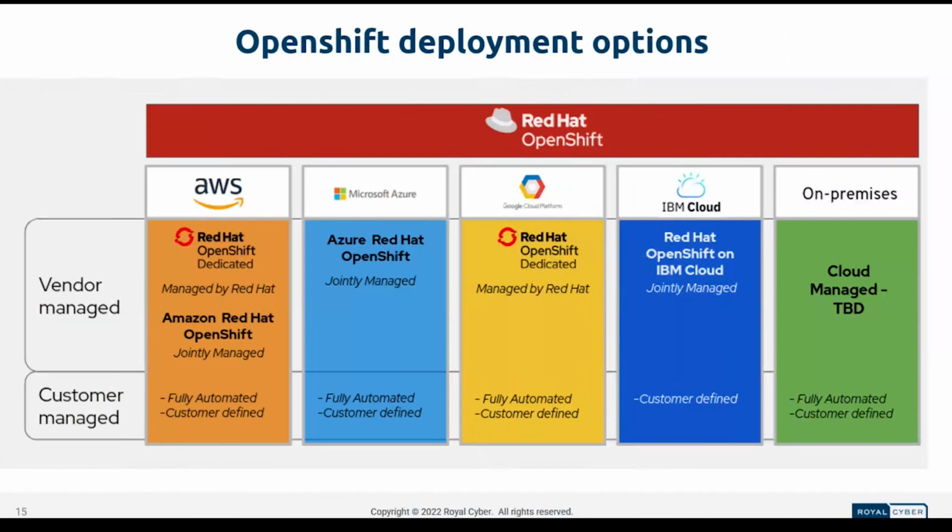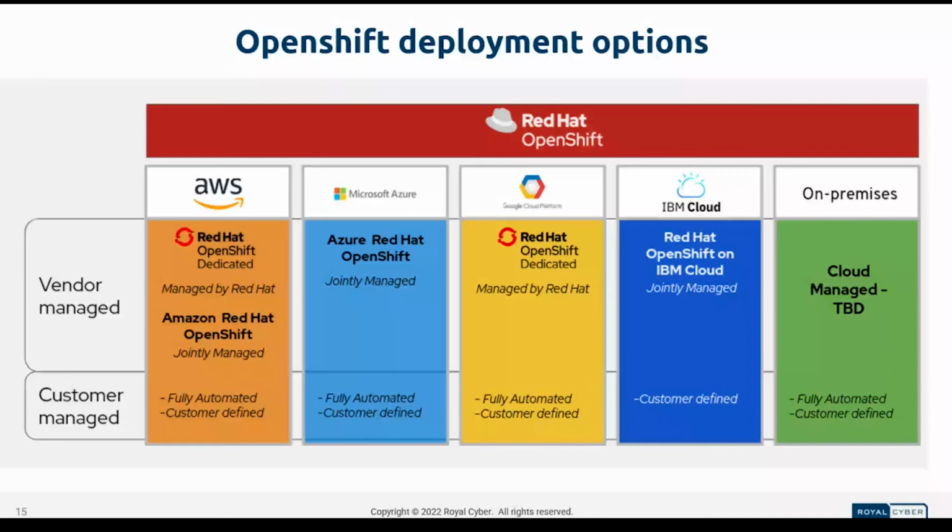As we mentioned, OpenShift can be deployed over different infrastructure, on-prem or cloud. We also have two main deployment models: a self-managed model and a managed model. In a self-managed or customer-managed model, you as a customer are responsible for managing and upgrading your OpenShift cluster.